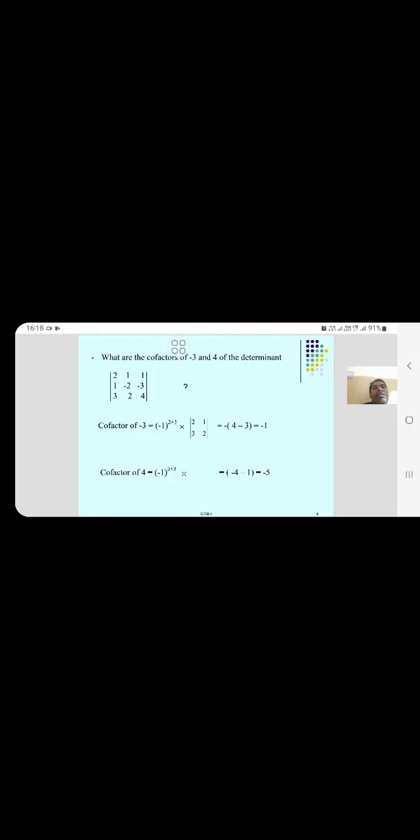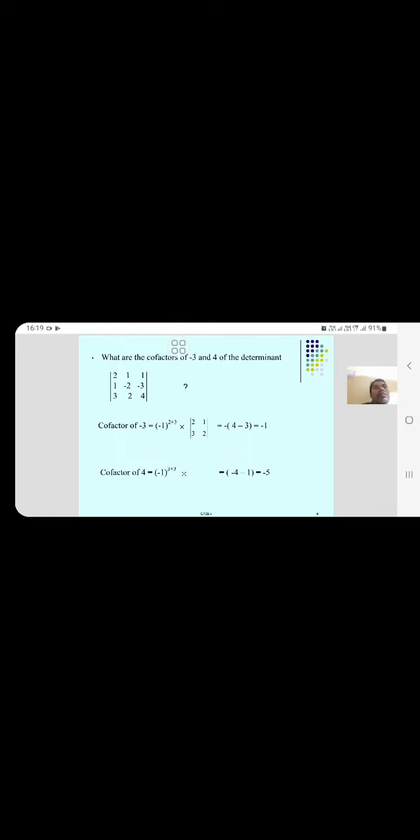Similarly, we find the cofactor of 4. Here 4 is located in the third row, third column, so directly we say it is a positive sign. By the formula, minus 1 whole power 3 plus 3 into its minor, we also get positive.